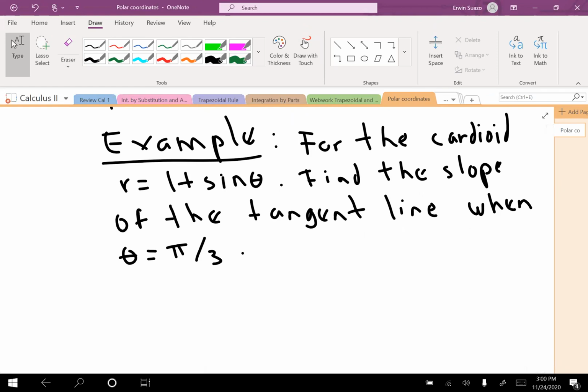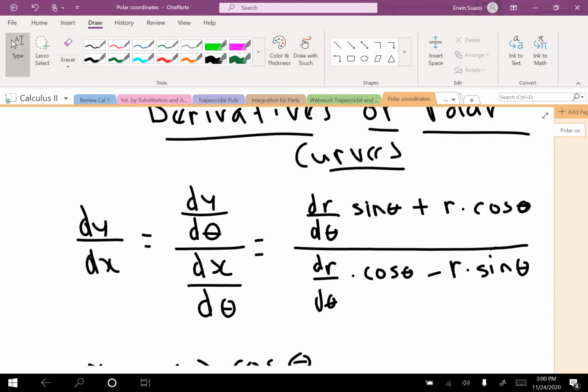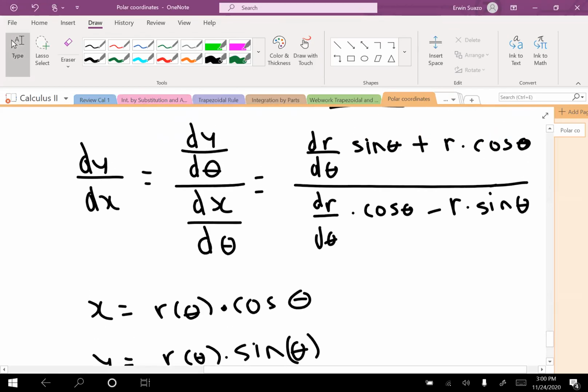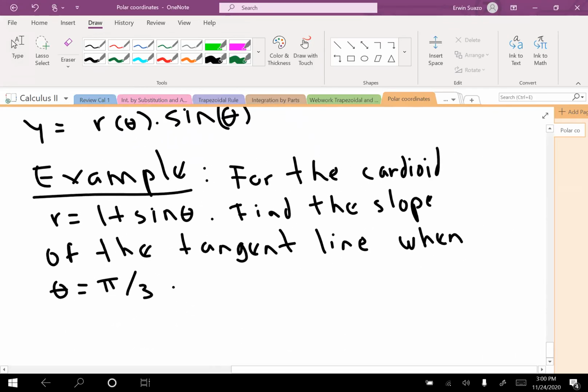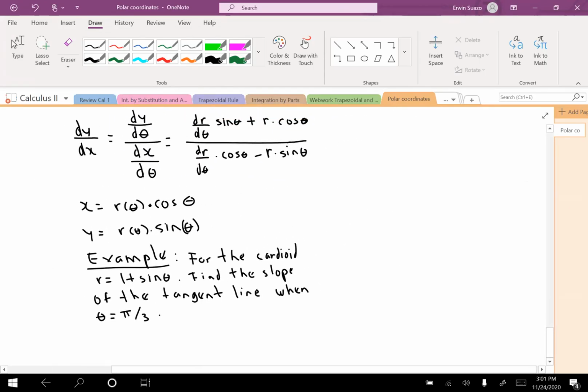So what we need to do is use the formula over here. Let me see if I can make it smaller to see the formula.